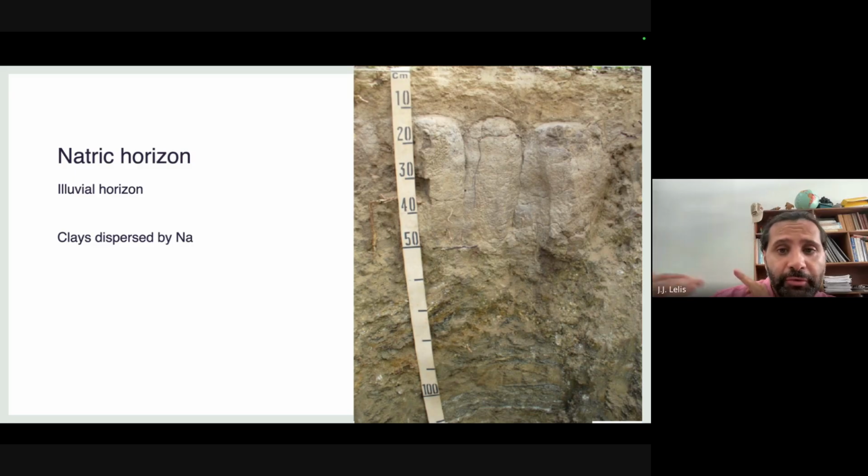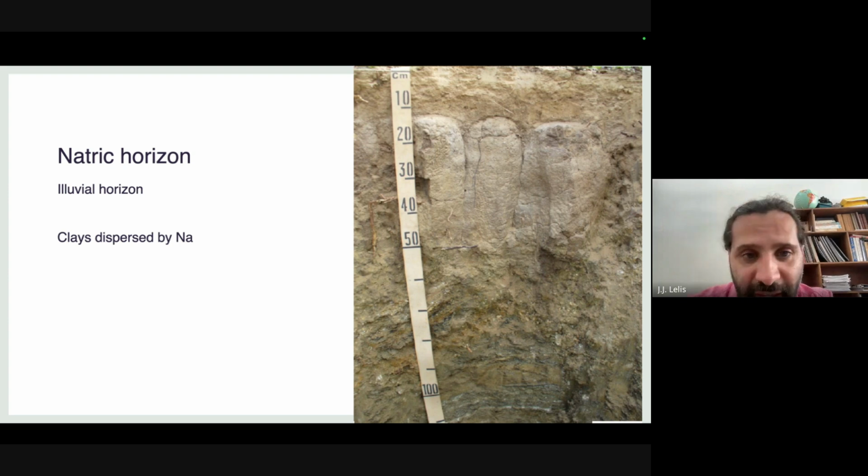Okay. And we also saw the Candic horizon, which also expresses a higher clay content at the subsurface horizon than the surface horizon. But in this case, the Candic horizon doesn't register clay skins or these shiny surfaces, because you don't register eluviation, you don't register clay migration from the A or E horizons to the B horizon.